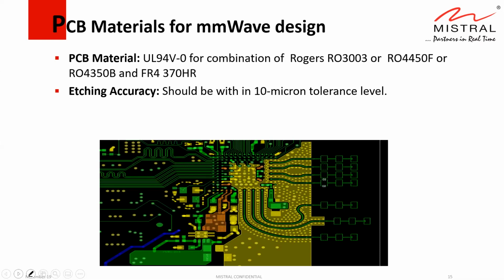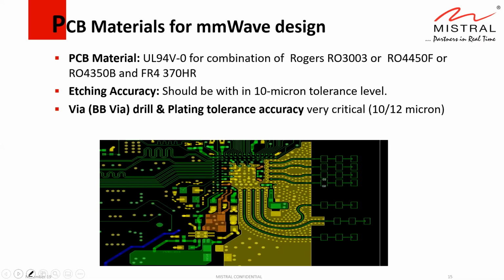So to have consistent quality manufacturing and good temperature response as well as good RF performance, we suggest going with a mixed layer stack-up. And the copper etching accuracy should be within 10 microns. And the wire drill and plating tolerance is very critical, and it should be limited within 10 to 12 microns.